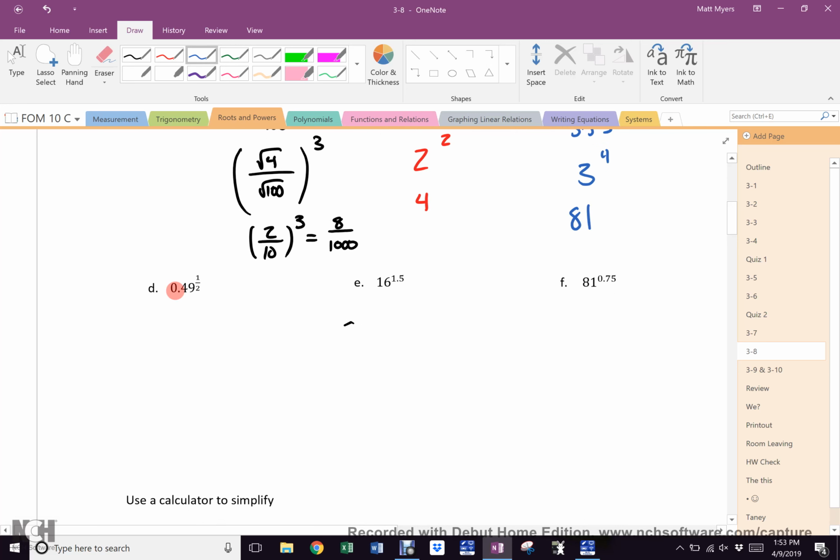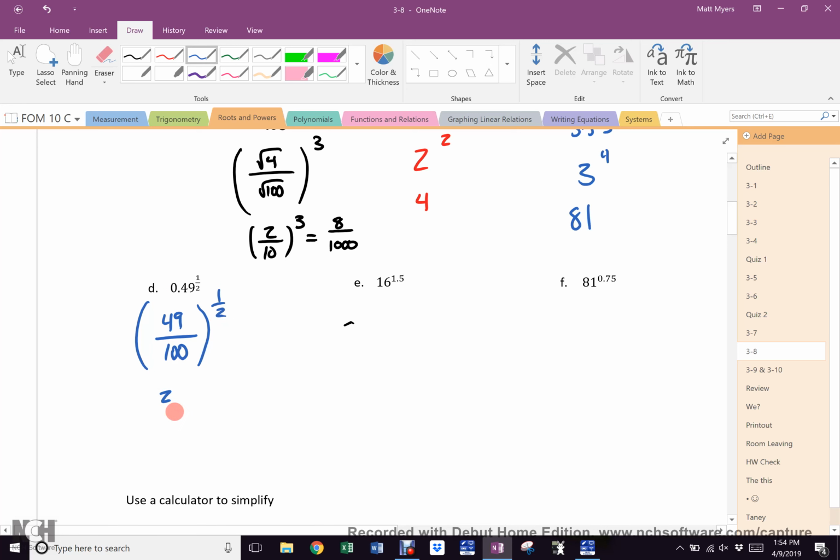What's weird about D? It's a decimal, but that's not too bad, is it? What should we do with that decimal? Which is? 49 over 100. 49 over 100, correct? And that is to the 1/2. Where does the denominator go?